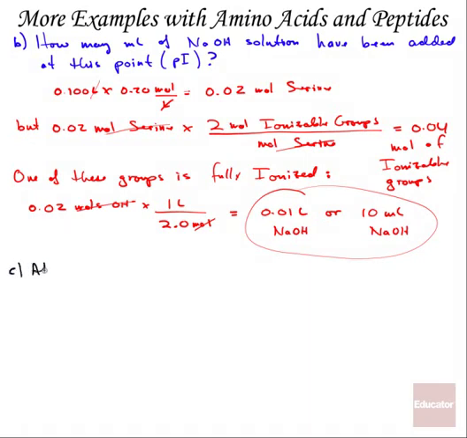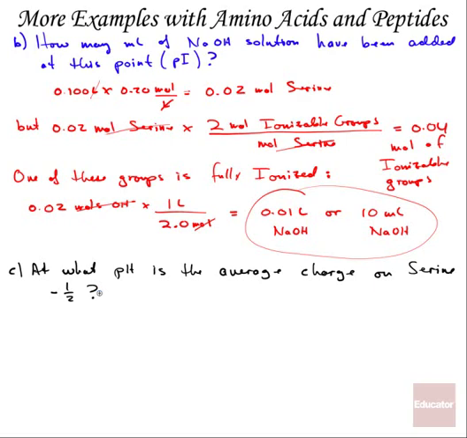Part C. So at what pH is the average charge on serine minus 1/2? Okay, we want to know the pH where the average charge on the whole molecule is minus 1/2.